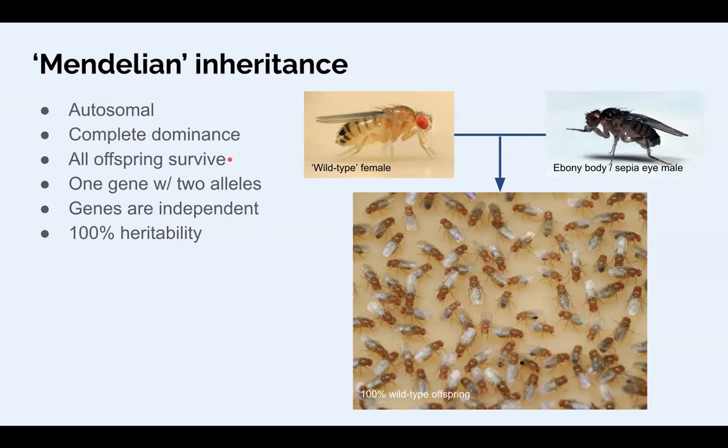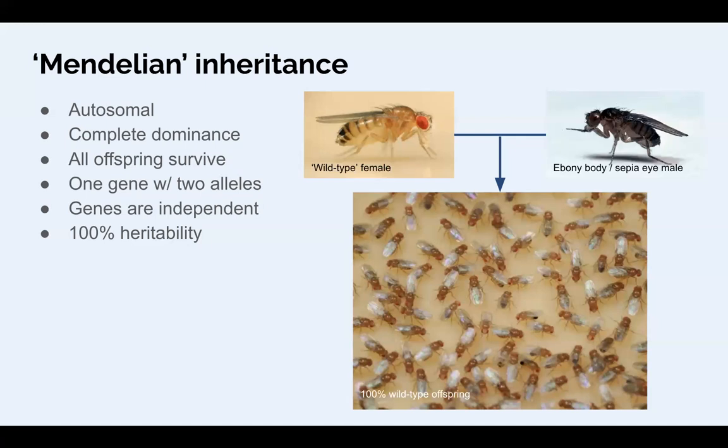Full survival, so no influence of the alleles being studied on how the offspring survive. One gene with two alleles, genes being independent from each other. We saw cases of looking at two genes at the same time and having those be inherited independently. And then 100% heritability, another concept we'll get to later in the course.